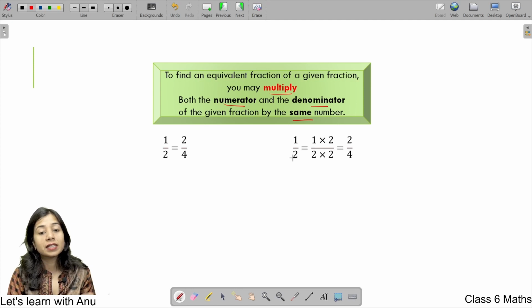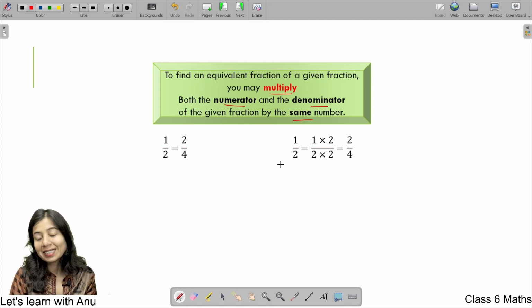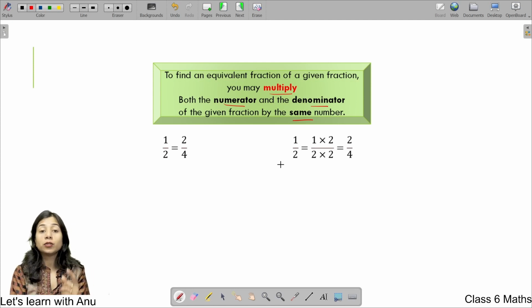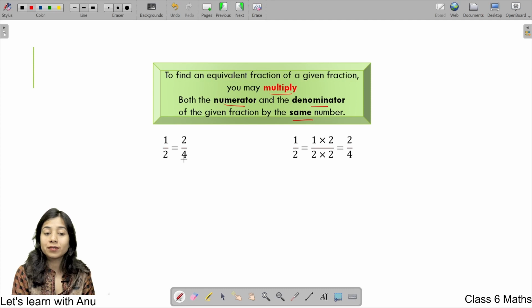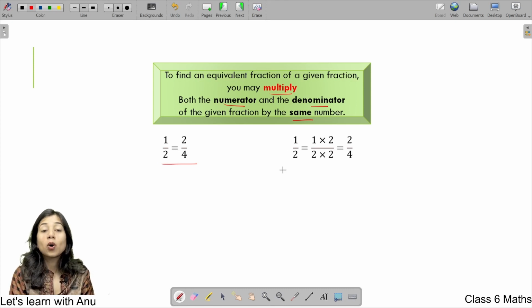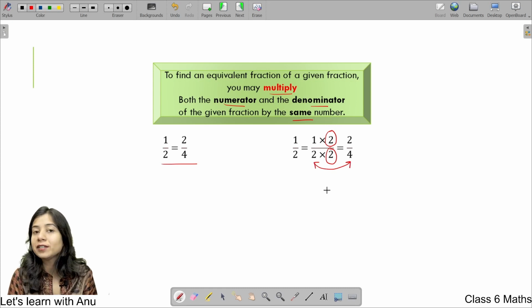Class, it is very important to understand that we have to multiply using the same number, and both numerator and denominator have to be multiplied. I have one example here. 1 by 2 and 2 by 4 are equivalent fractions. We have learned it using fraction strips as well. So how did we obtain it? We multiply the numerator by 2 and the denominator also by 2. So we get 1 by 2 and 2 by 4 as equivalent fractions.